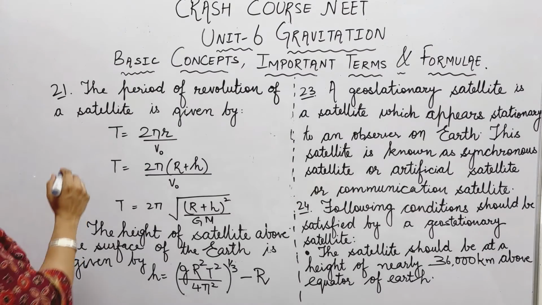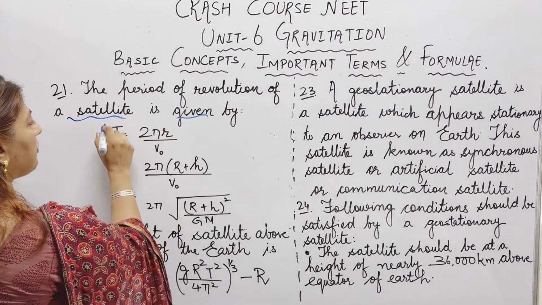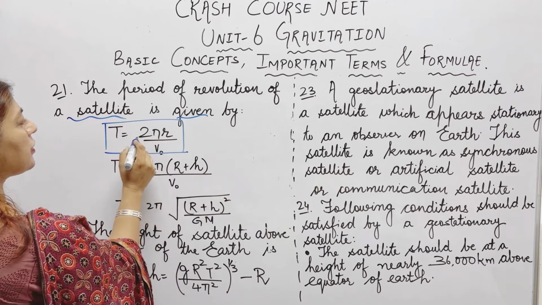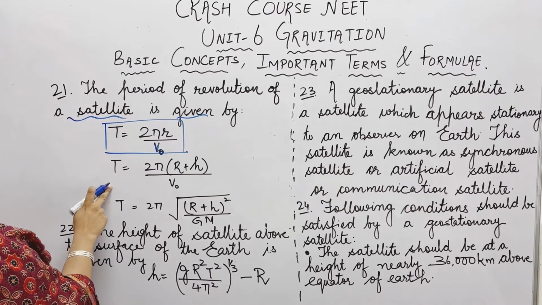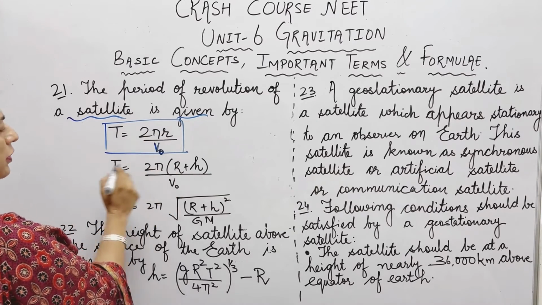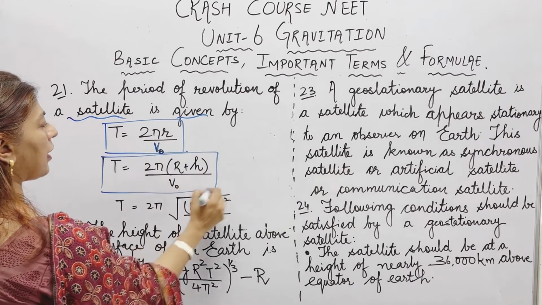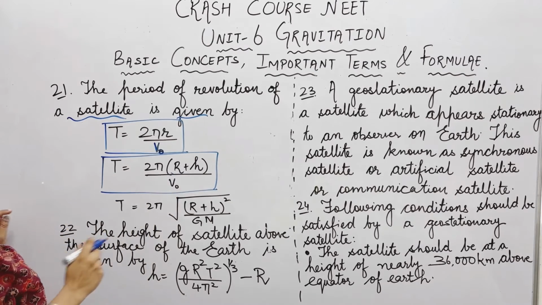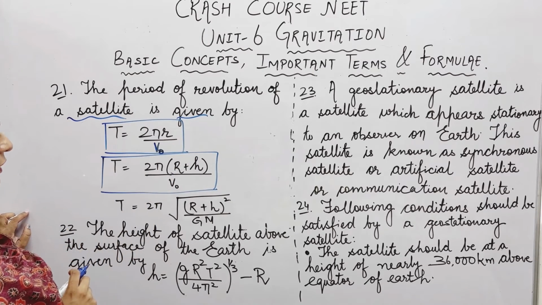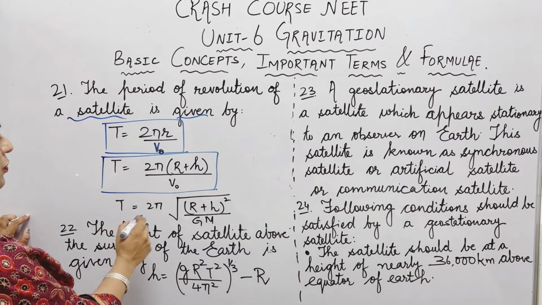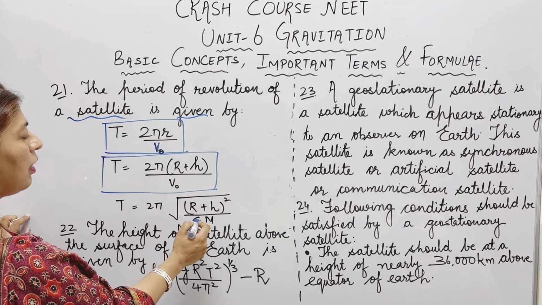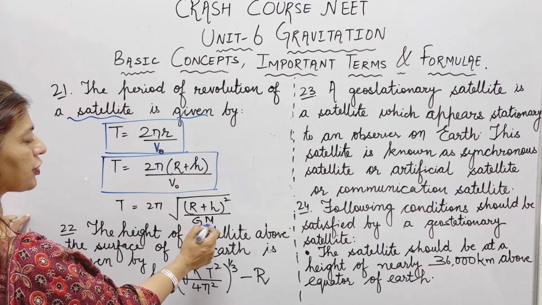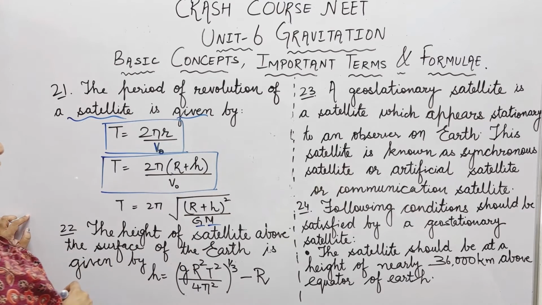The period of revolution of satellite is given by capital T. It is equal to 2 pi r by orbital velocity. And this r can be replaced by capital R plus h, where R is the radius of earth and h is the height of the satellite. T can also be written as 2 pi (R + h) whole square by capital G, gravitation constant, mass of earth, under the root.